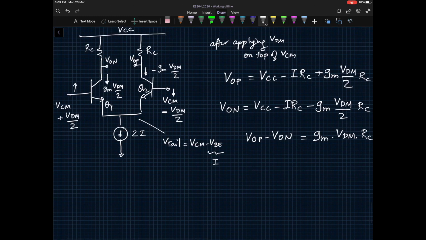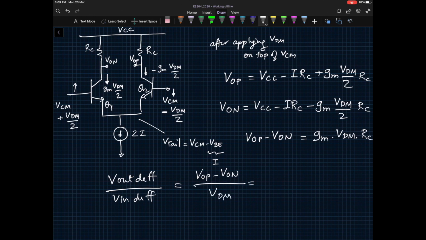The differential gain, which is V out differential divided by V in differential, would look like VOP minus VON divided by VDM, and that would be equal to GM times RC. So note, in this particular case, the GM that we are talking about is the transconductance of each transistor, and that is when it's carrying current I. Okay, common mode current I.